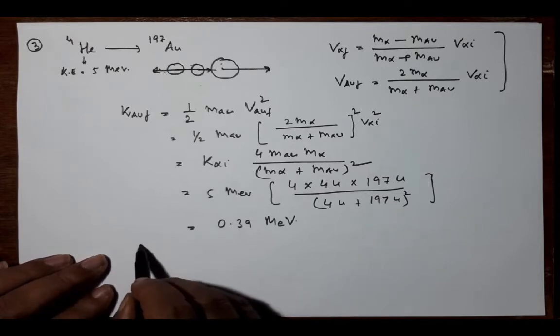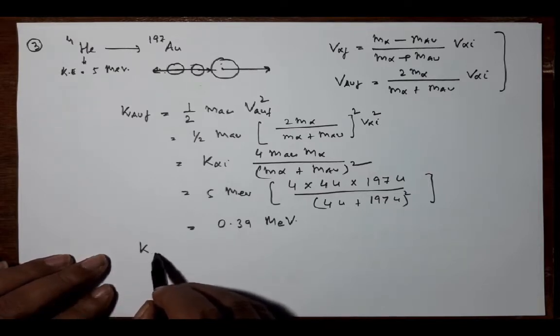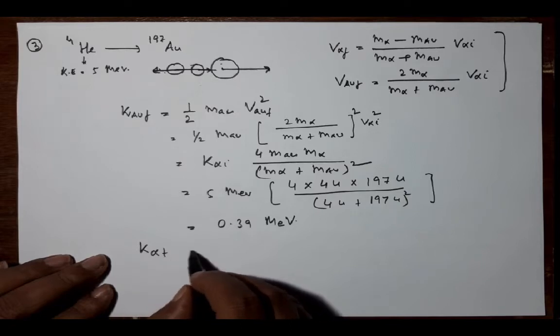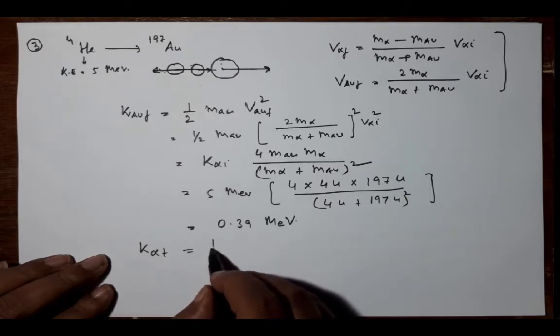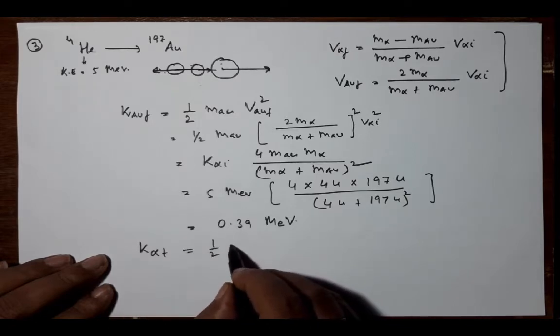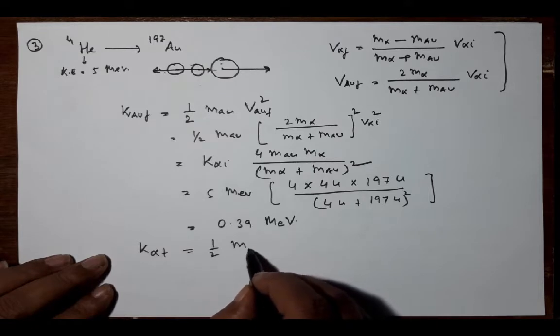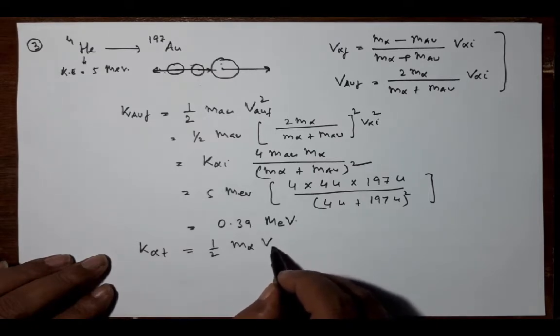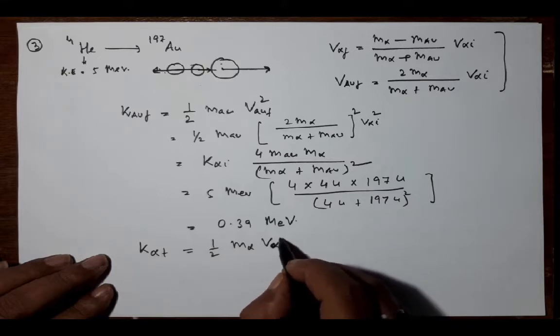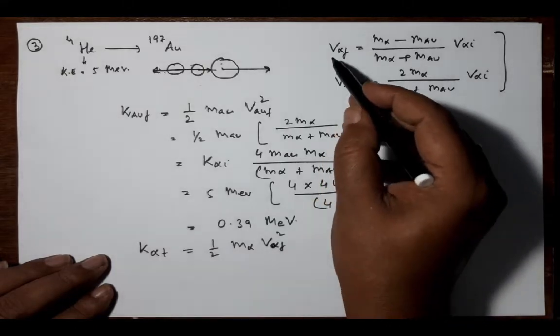Likewise, you can find out K alpha F, which is nothing but half M alpha V alpha F square. V alpha F square we know.